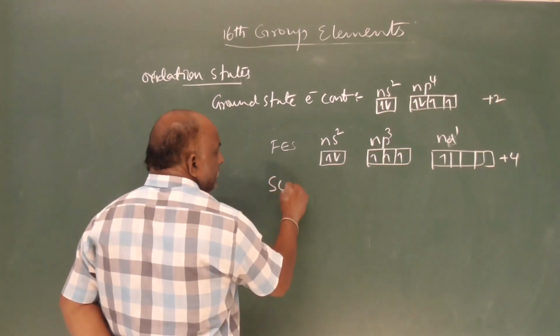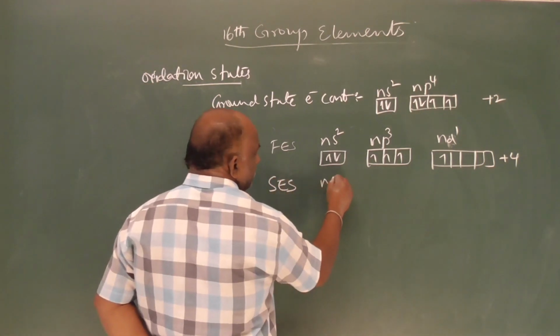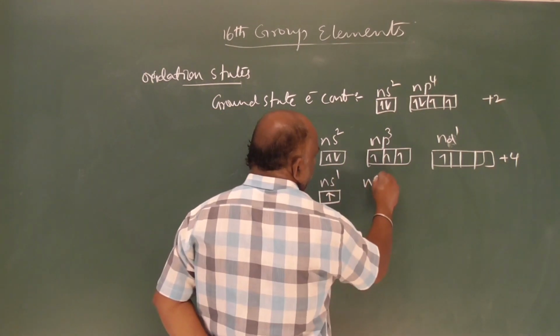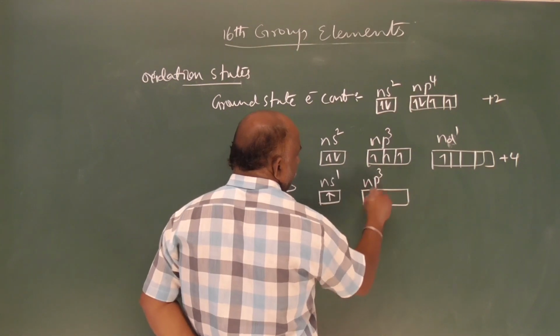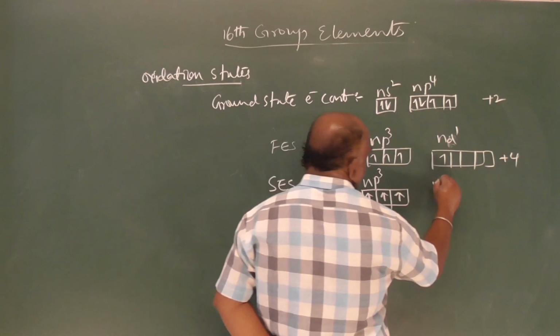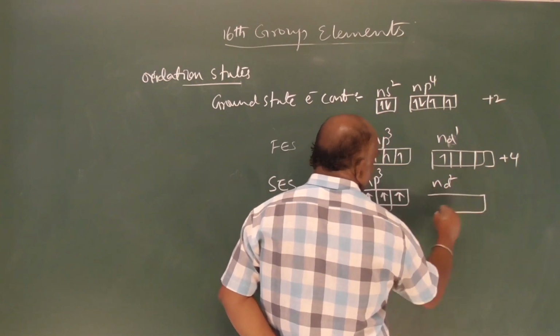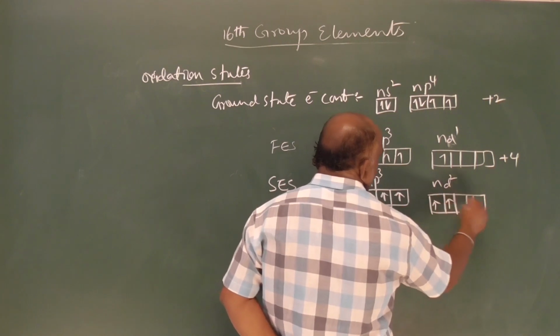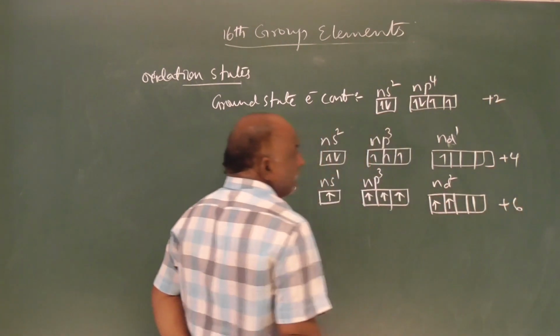While going to the second excited state configuration, ns1, np3, nd2, so here +6.